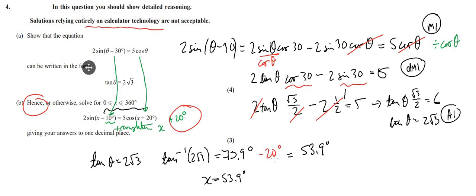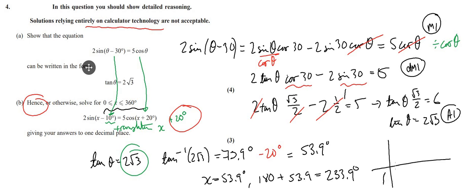If I've got tan, how often does tan repeat? Well, I know that my next solution is going to be 180 plus 53.9, and that gives me 233.9 degrees. Now remember that this is a positive number, so between 0 and 360 we're only going to have two solutions.